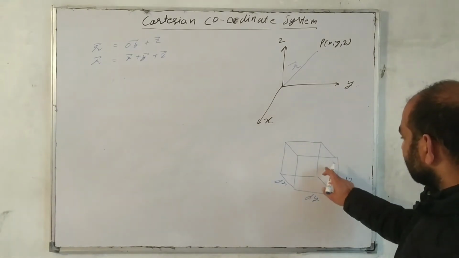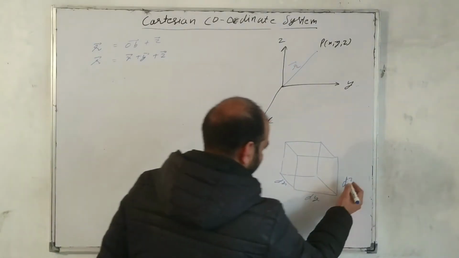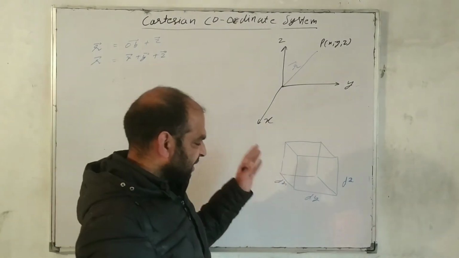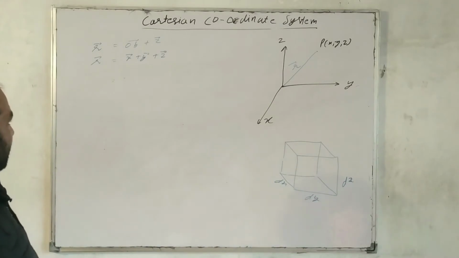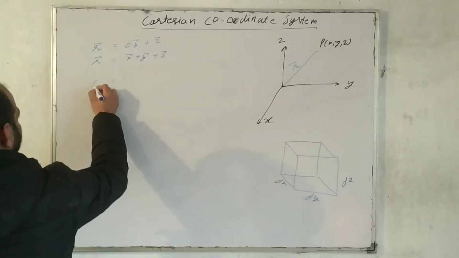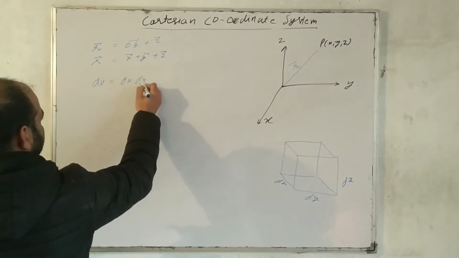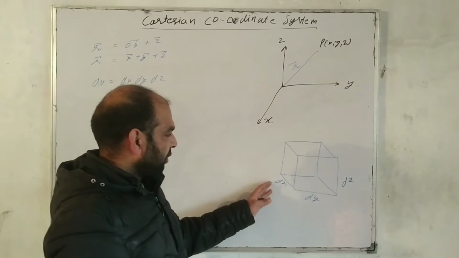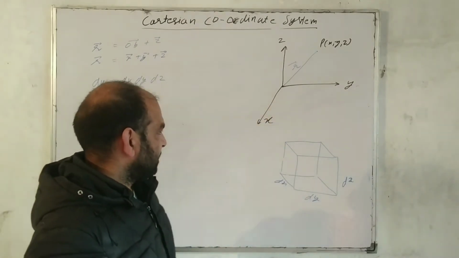If this is dz, then all these will be dz. Suppose this is length, this is breadth, and this is height. Then the volume element will become dV equal to dx dy dz. So this is the volume element in the Cartesian coordinate system.